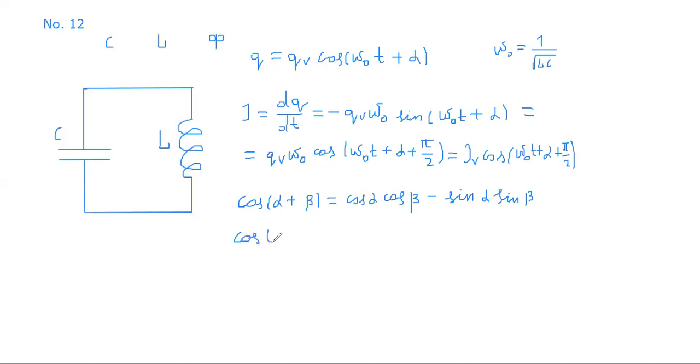Cosine of alpha plus pi divided by 2. So this will be cosine of alpha cosine of pi divided by 2 minus sine of alpha sine of pi divided by 2.